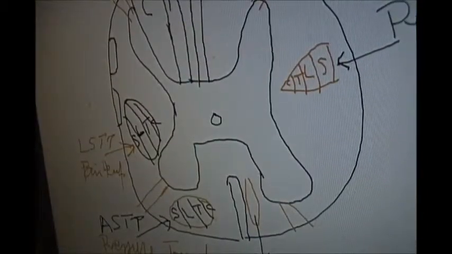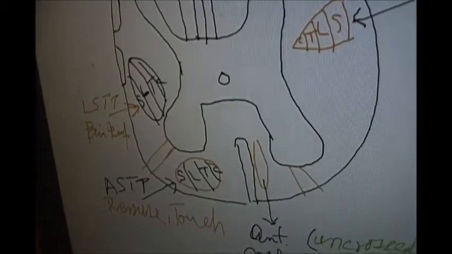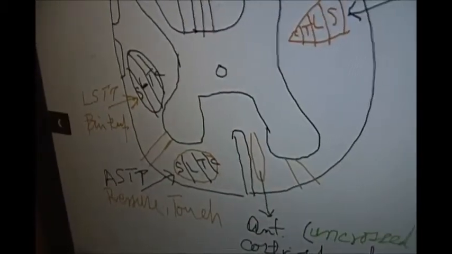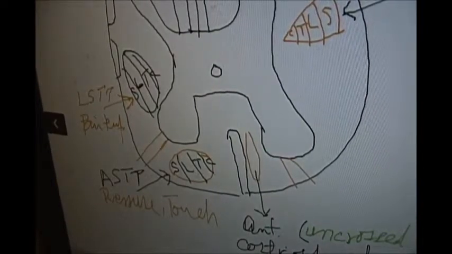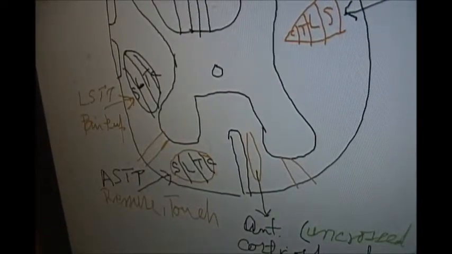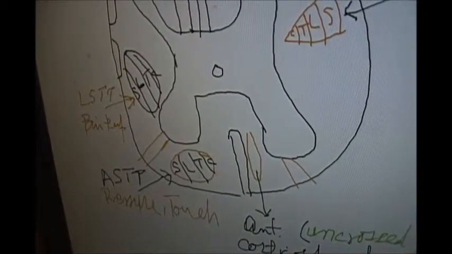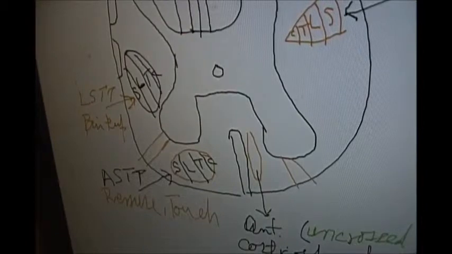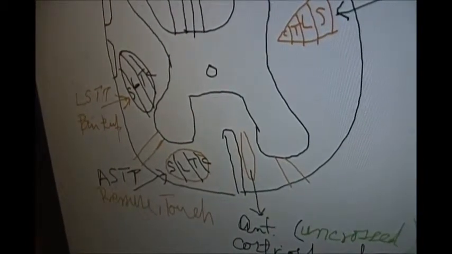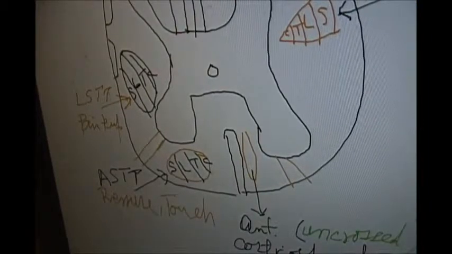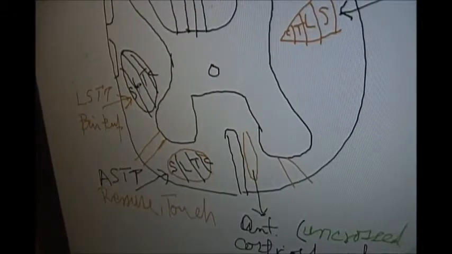This is the section of the spinal cord that shows the arrangement of the different tracts. This is the anterior spinothalamic tract, which carries the fibers for pressure and crude touch, and this one, in the lateral part, is the lateral spinothalamic tract that carries the fibers for pain and temperature.